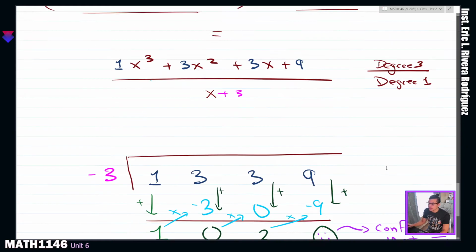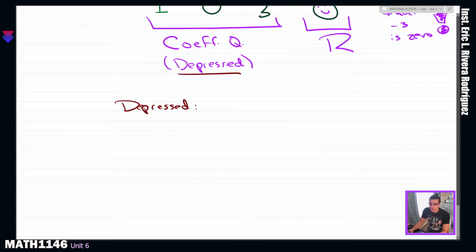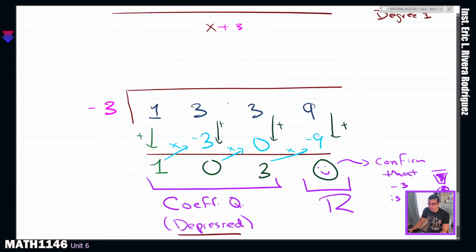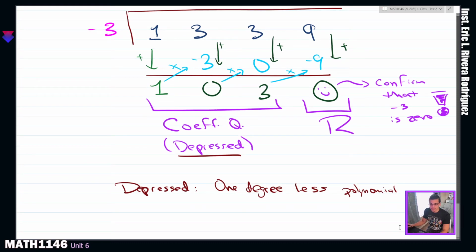Okay? Degree of 3 divided by a degree of 1. So in this scenario, when we get a quotient, the depressed equation is going to be a polynomial of 1 degree less.